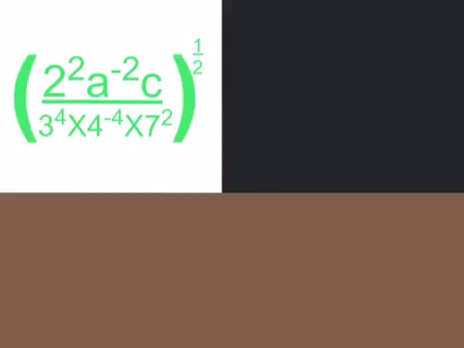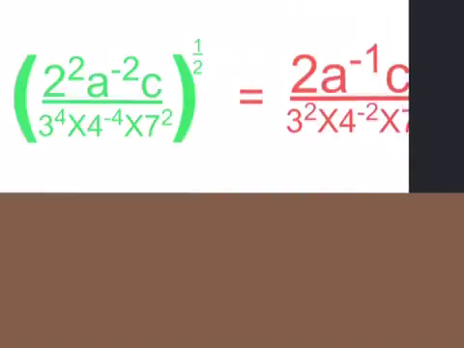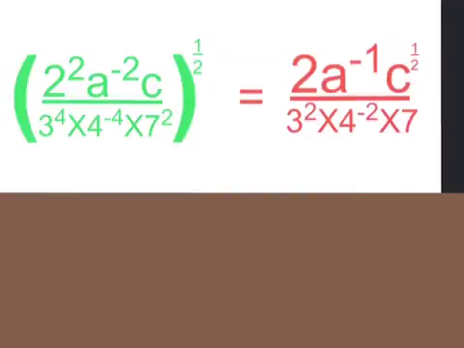Now what I want to do next is get rid of these brackets and this power, so I just raise all the terms' powers, and it should equal this. Pause if you want to check if it's right. What I did next is bring this up to the numerator and bring this down to the denominator.